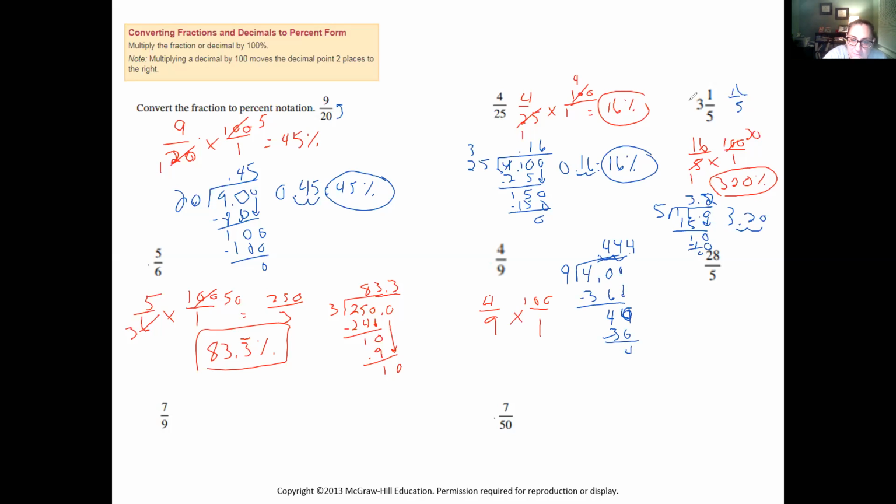Move it to the right, and we're going to get 44.4 repeating percent. Right over here, I'll do the blue way. This is going to be 0.7777 repeating. This is going to be 77.7 repeating percent.